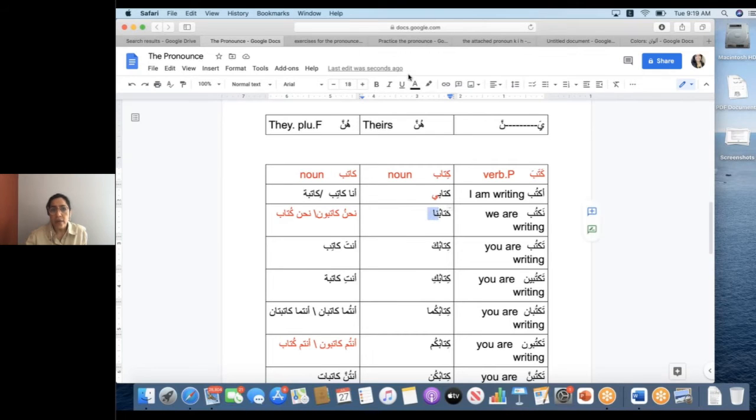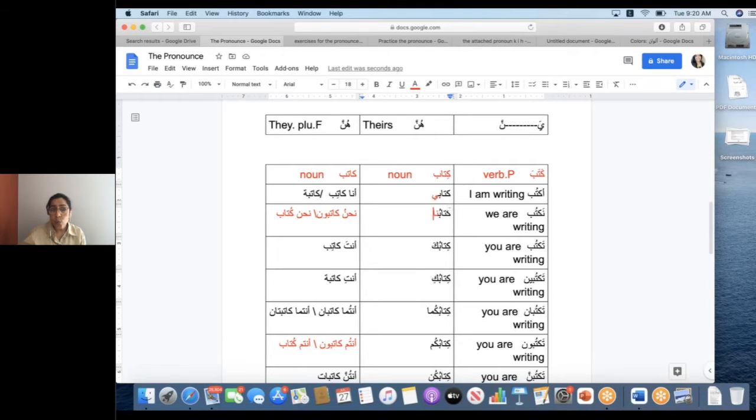كتابنا, our book. Let's say you as a student want to say our book is good: كتابنا جيد, our book is a good or useful book. With نحن, we are writers. Now for the plural: when I give you كاتب and ask you to make it plural masculine, you write نحن كاتبون, waw noon at the end of the noun, or كتاب.